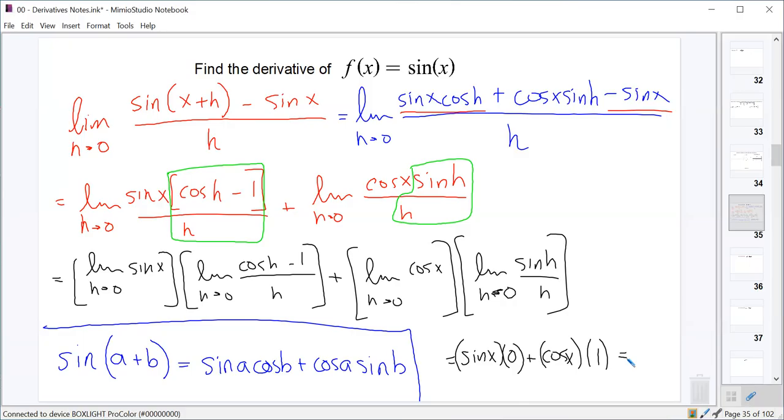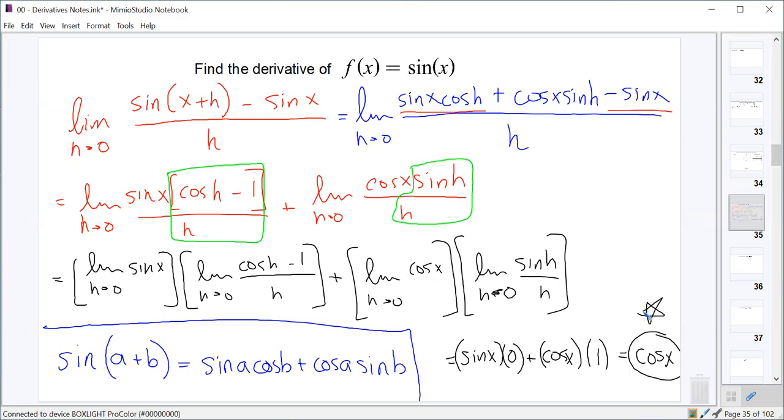So that leaves us to find that the derivative of sine x is just cosine of x, because 0 times sine x is 0, and 1 times cosine x is cosine x. So now we've got a proof using limits that the derivative of sine is cosine.